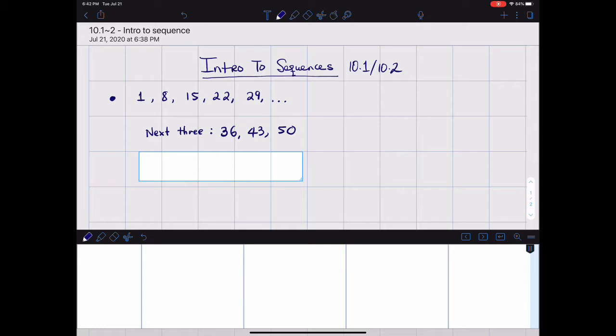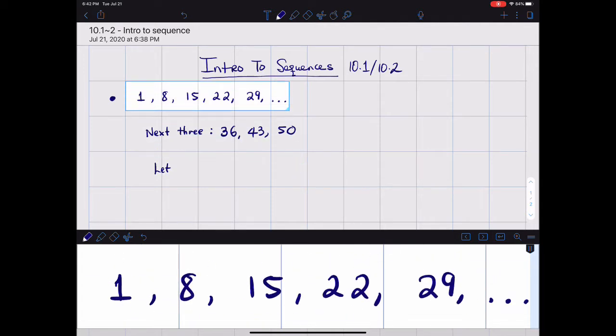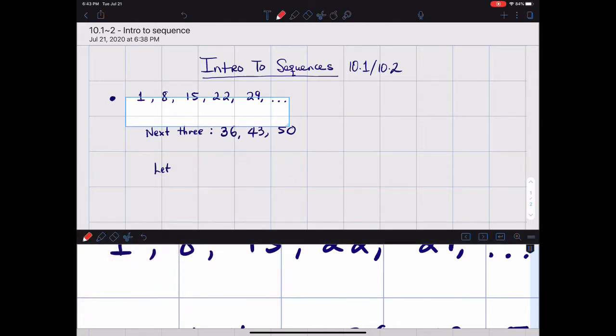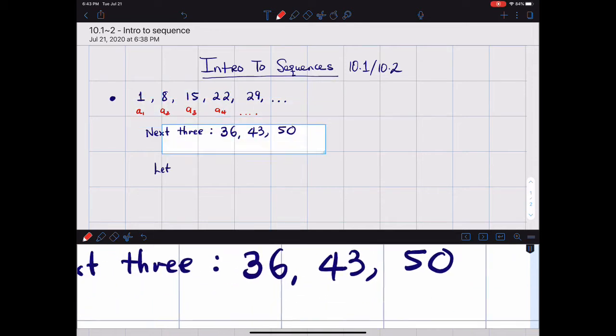Let's assume this list of numbers, we name them A. So call this A1, this A2, A3, and so forth, A4, etc. Okay.